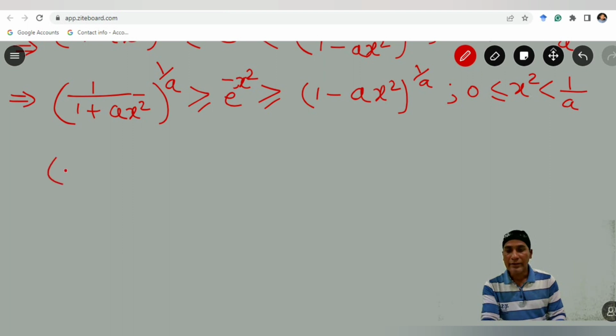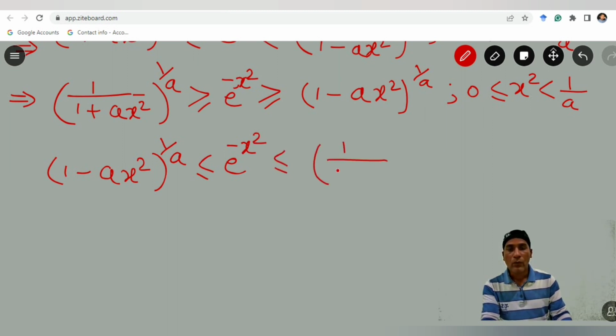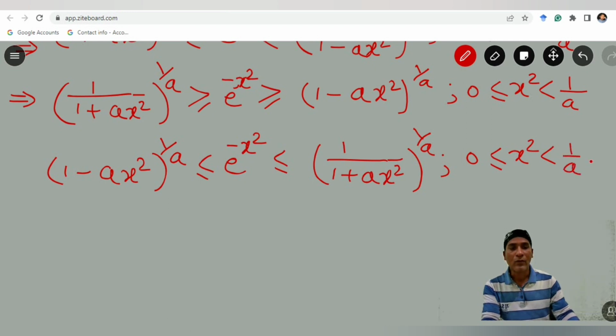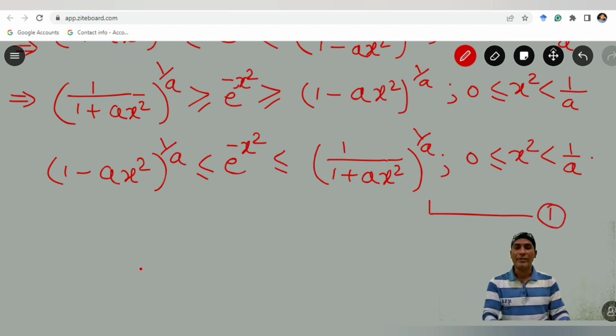So I write 1 minus ax square to the power 1 over a less than or equal to e power negative x square less than or equal to 1 over 1 plus ax square to the power 1 over a if 0 less than or equal to x square less than 1 over a. Okay, so I label this relation as 1. This is my first relation.